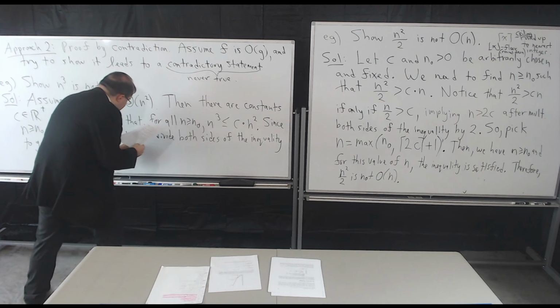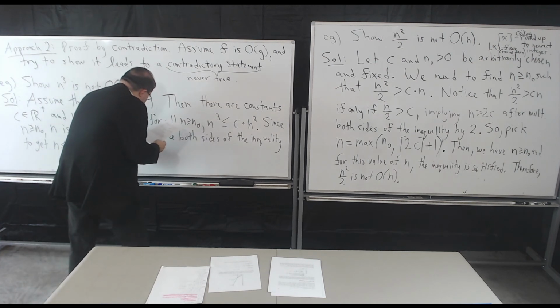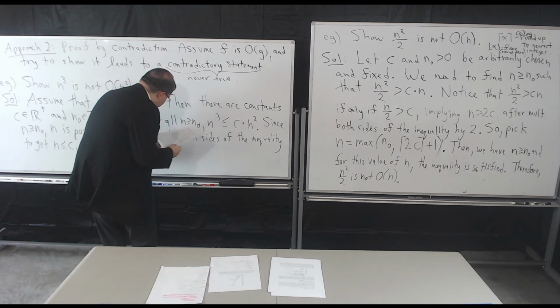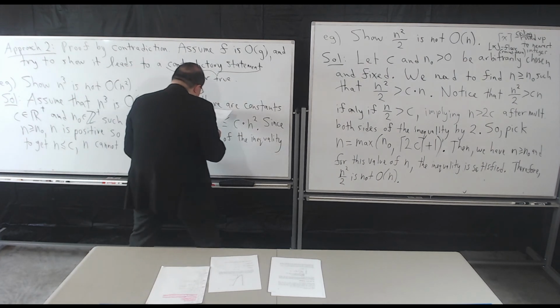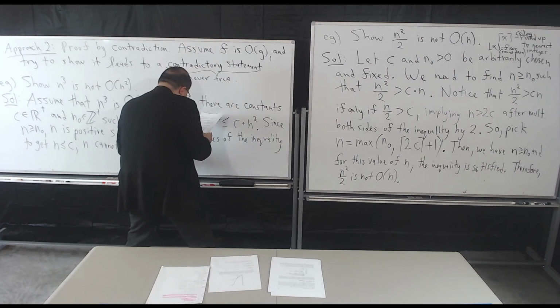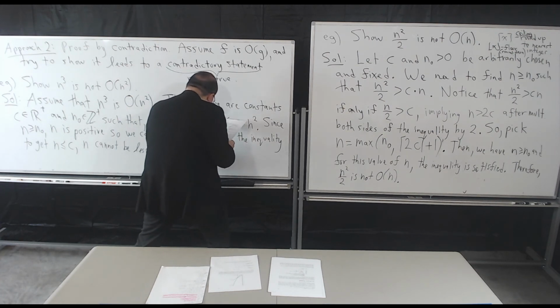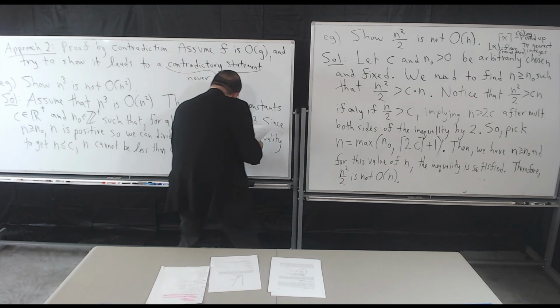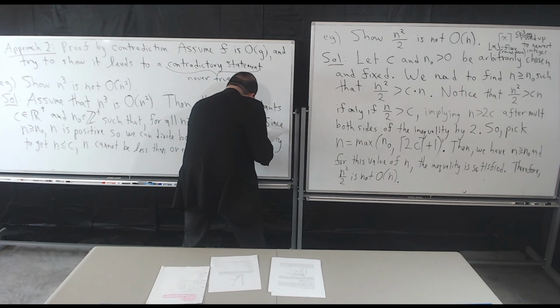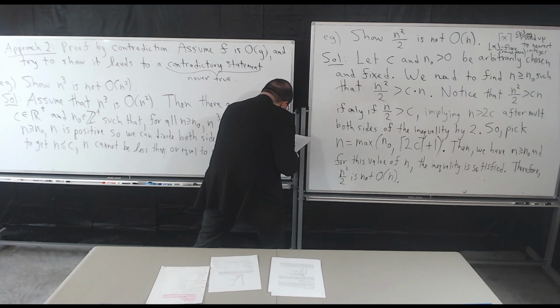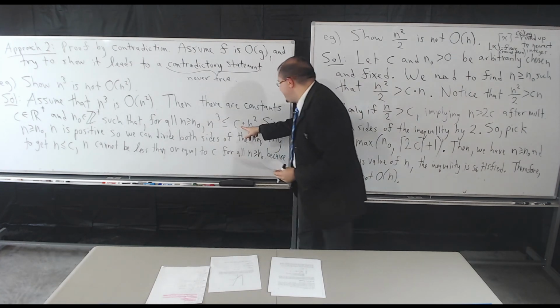n cannot be less than or equal to c for all n greater or equal to n0, because what? Remember, c is a constant, right?